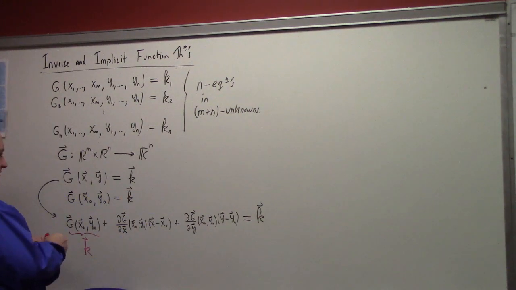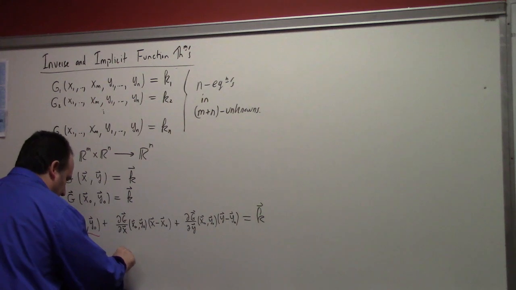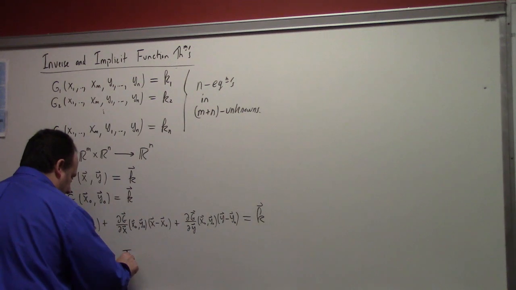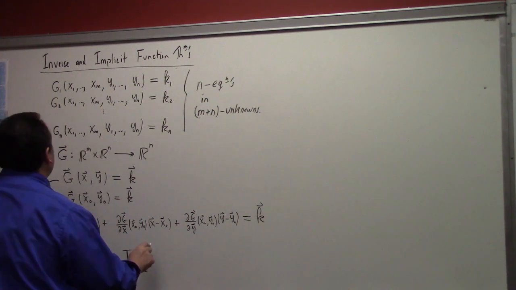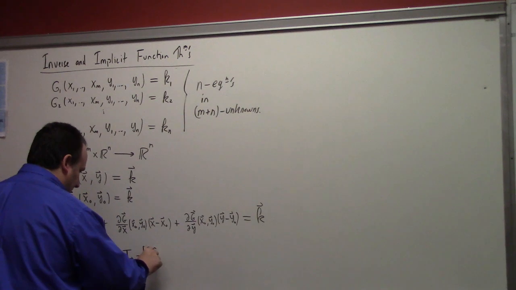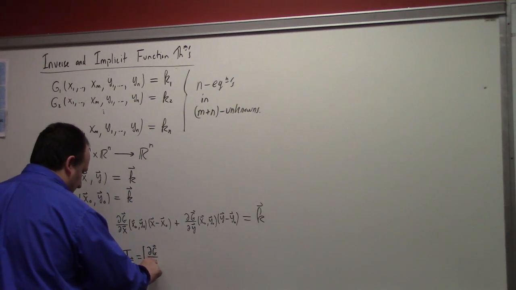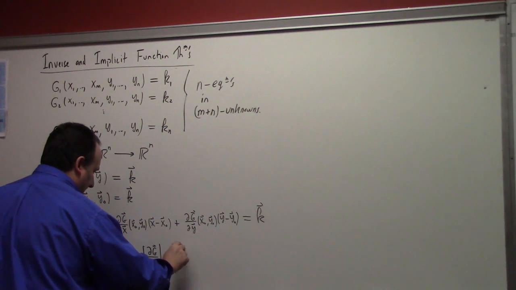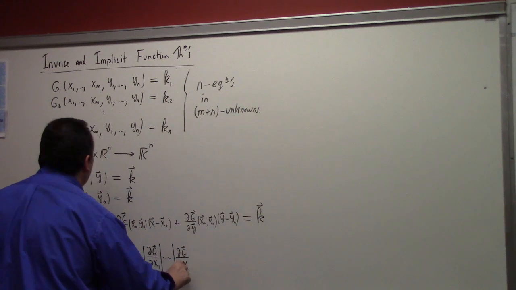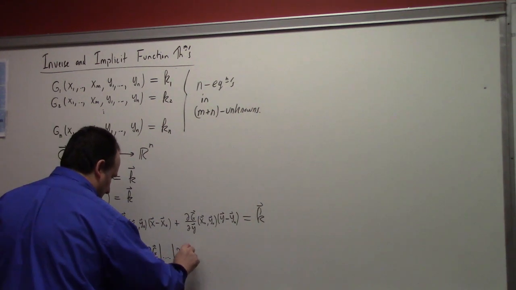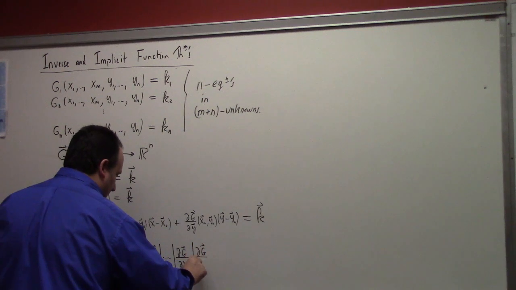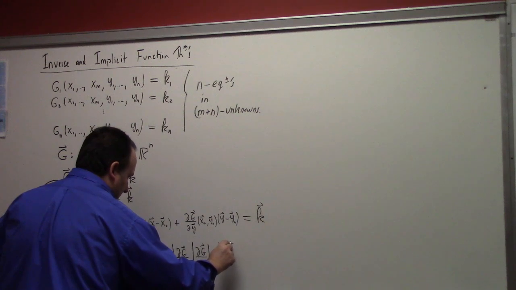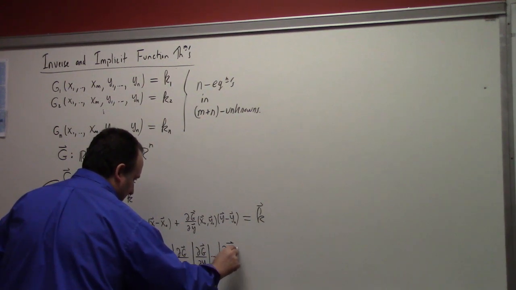Well, remember that the Jacobian of G would have been, technically in terms of my variables, partial G, partial x1, dot dot dot, partial G, partial xm, and then you've got your partial G, partial y1, dot dot dot, partial G, partial yn.